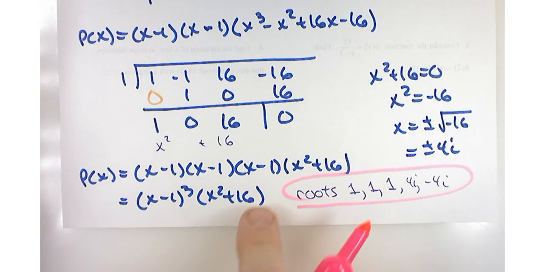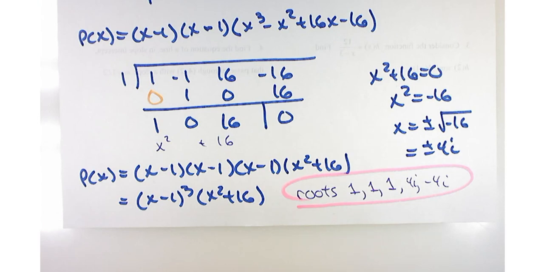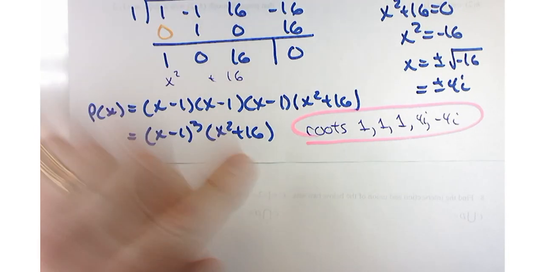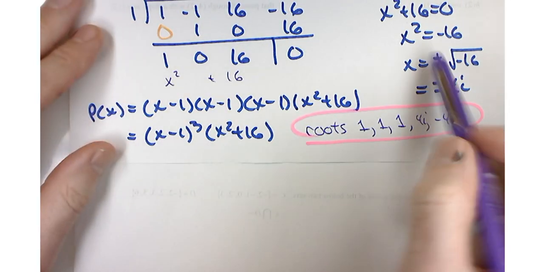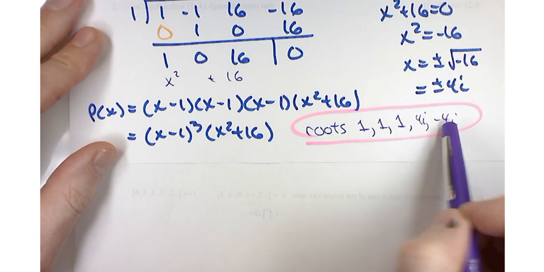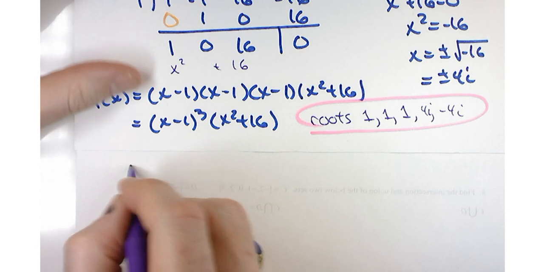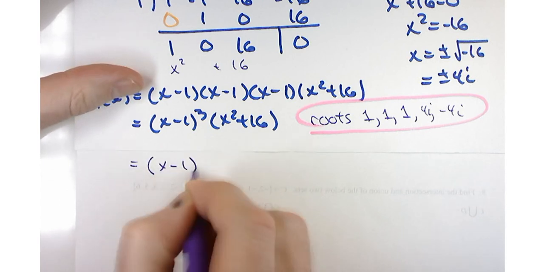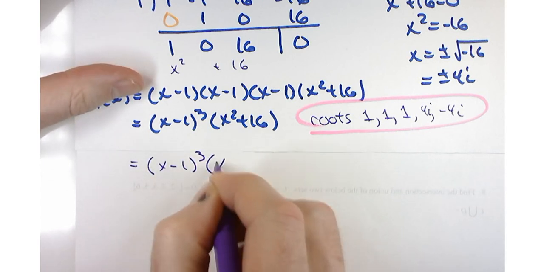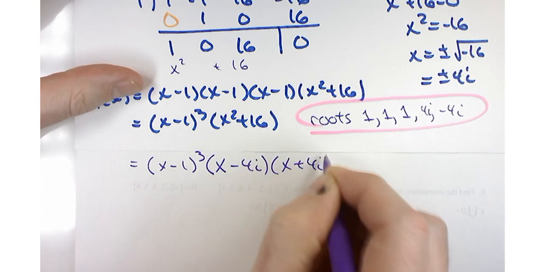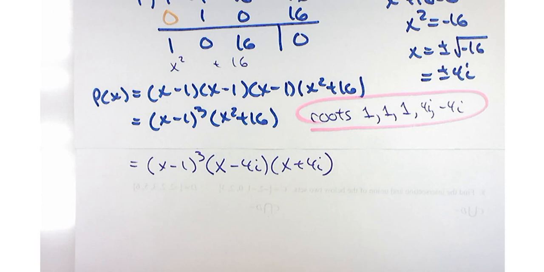You could also write this in factored form if you wanted to. I'd simply take x equals 4i and x equals negative 4i and turn those into factors. So I could write this as x minus 1 cubed, x minus 4i, and x plus 4i. That would be our polynomial turned into a product of linear factors.